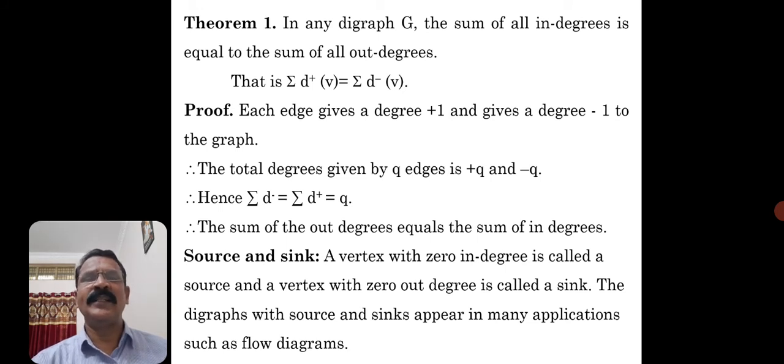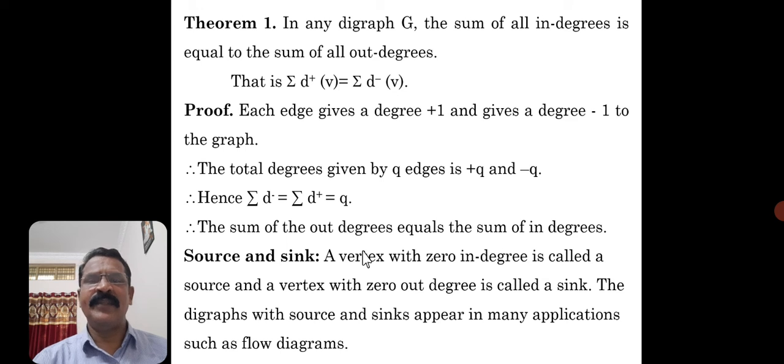So that is in terms of a theorem. Based on the observations and generalizing the ideas, we got the theorems. This is how research continues. So in any digraph G, the sum of all in degrees is equal to the sum of all out degrees. How to prove the result?